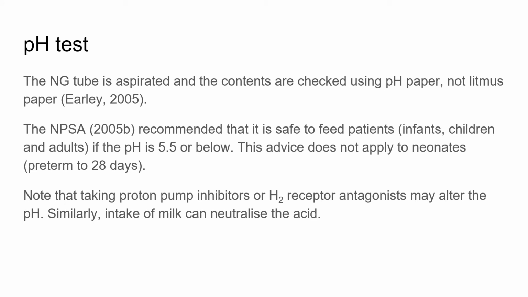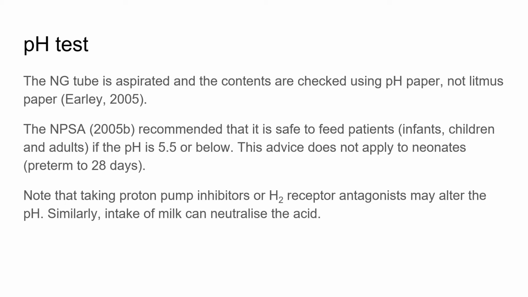For the pH test, the NG tube is aspirated and the contents are checked using a pH paper. Keep this in mind, not the litmus paper. The NPSA recommends that it is safe to feed patients, infants, children as well as adults if the pH is 5.5 or below.